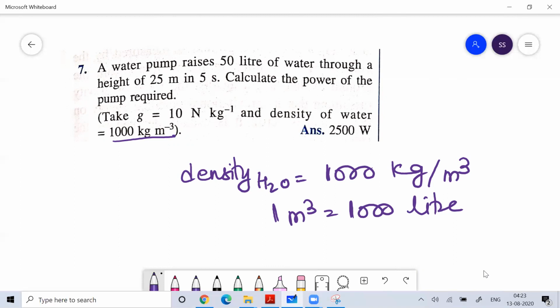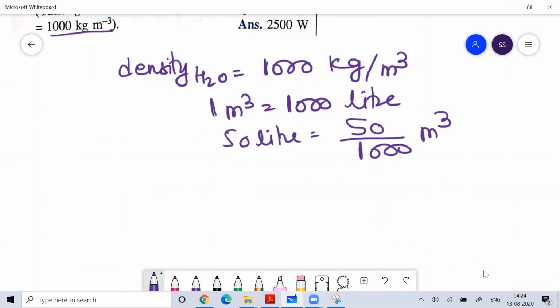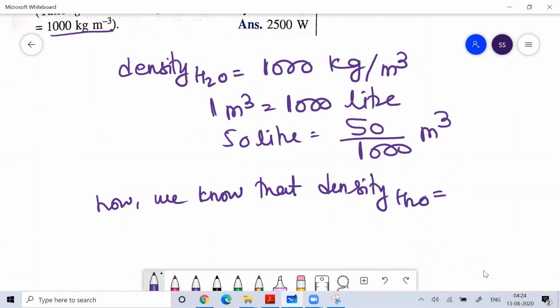So 50 liter is equal to 50 by 1000 meter cube. Now we know that the density of water is equal to 1000 kg per meter cube.